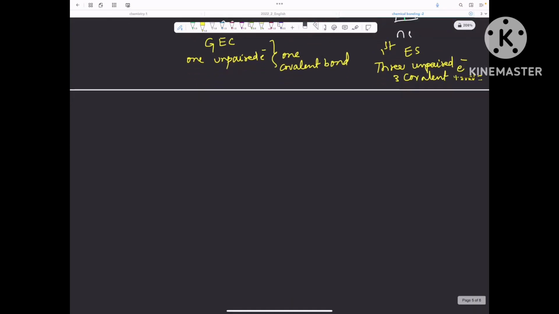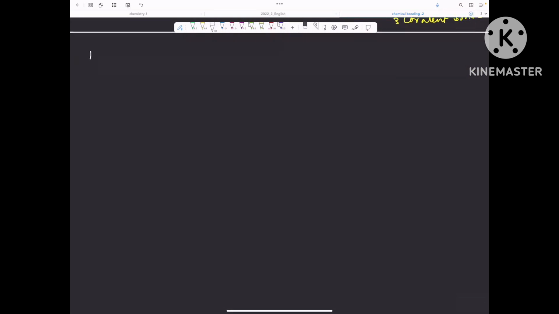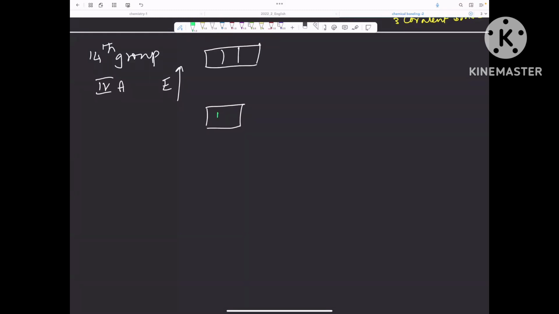Let us take the 14th group element. The 14th group is nothing but the 4th A group element, the carbon family. If you make the energy diagram, it is going to be ns2, ns, np, np.